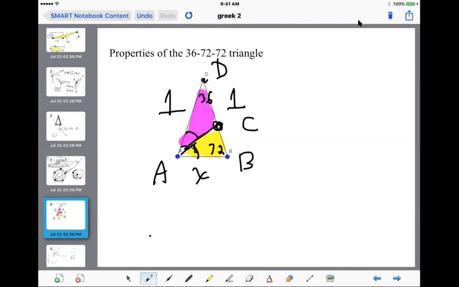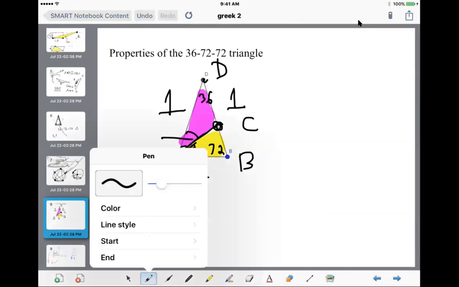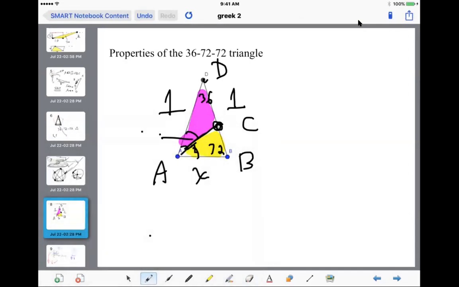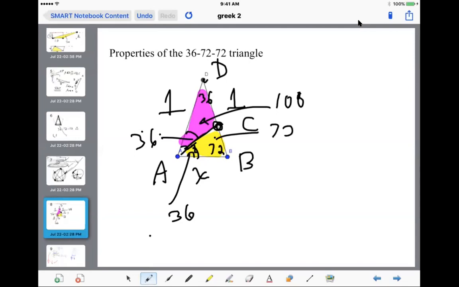So the purple triangle is 36, 36, 108, because you subtract that from 180. And the yellow triangle is 36. And what's this angle there that hasn't been identified yet? 180 minus 108. That's right, which happens to be 72. So the purple triangle is 36, 36, 108. And the yellow triangle is 36, 72, 72.